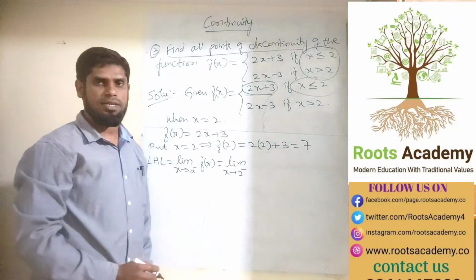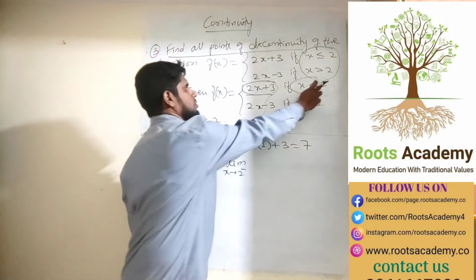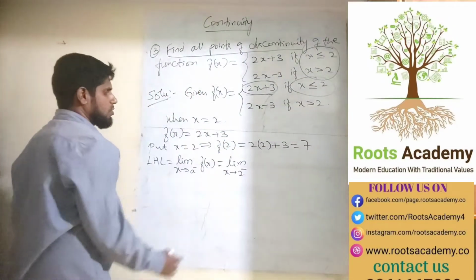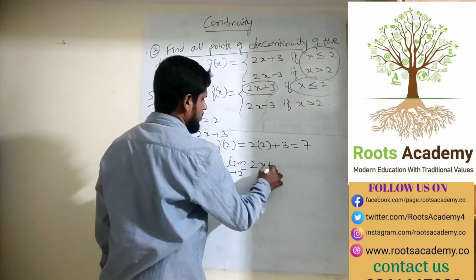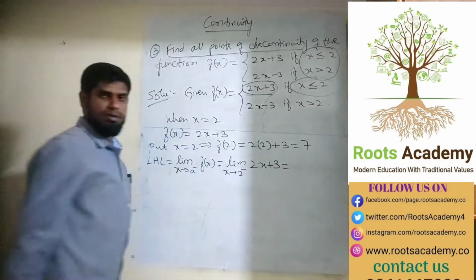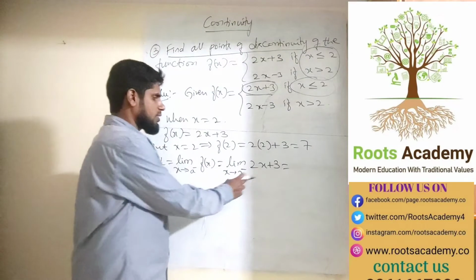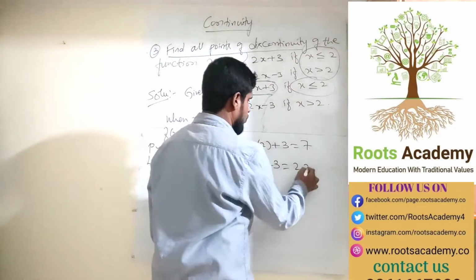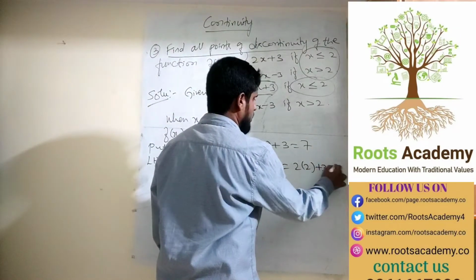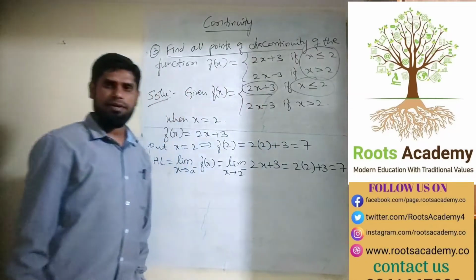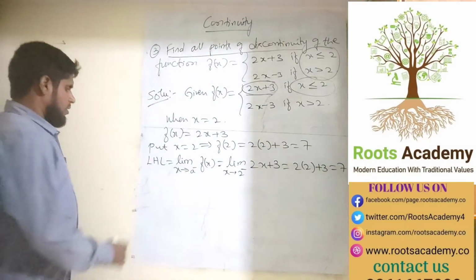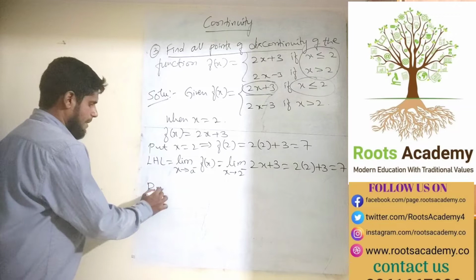X is lesser compared to 2. So it is 2x plus 3. Finally, if we directly substitute x as 2 here, so 2 into 2 plus 3, this is again 7. Next, right hand limit.